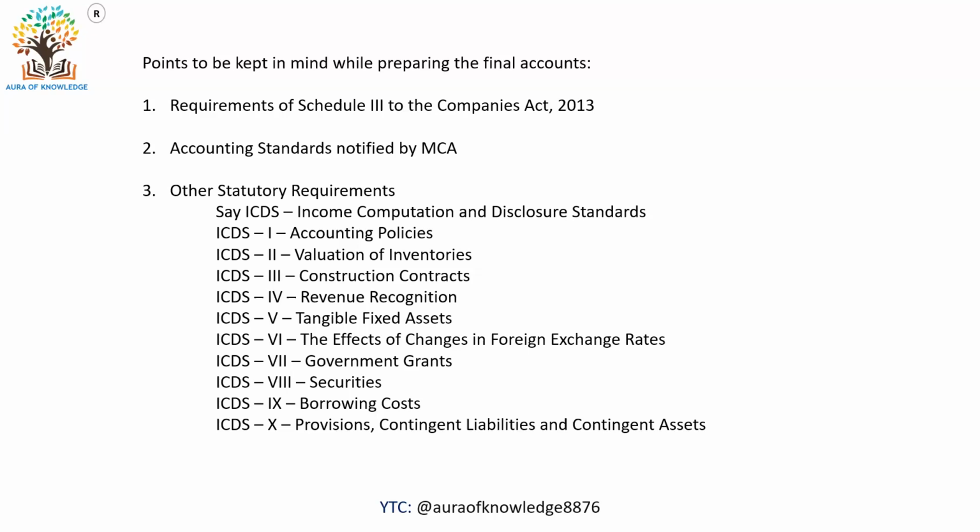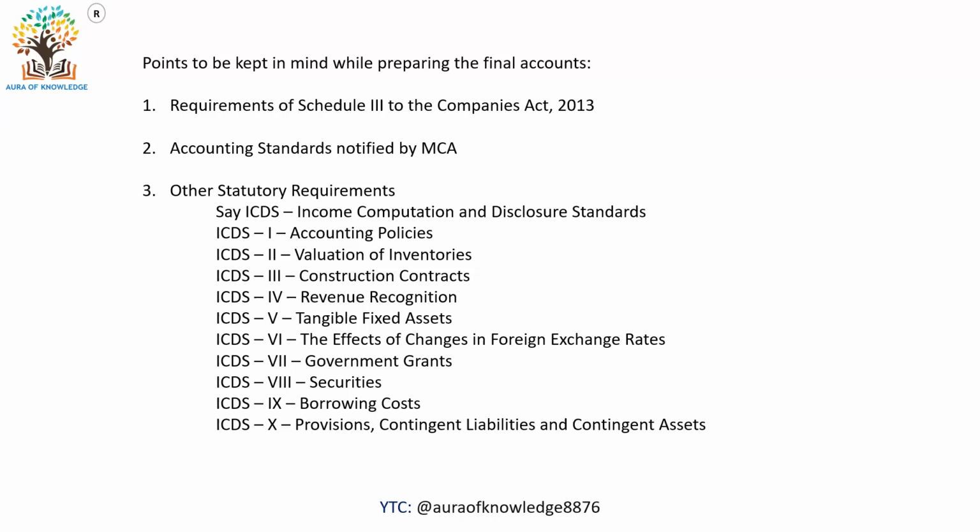The entity can take any one method which is more appropriate and go ahead. If you come to Ind AS, suppose some company for which Ind AS is applicable, then as per Ind AS, for construction contracts, it says only the completion method. There is no question of the percentage completion method.